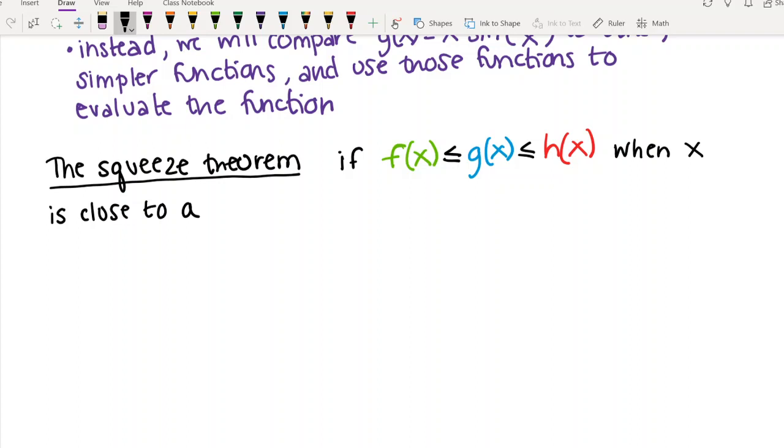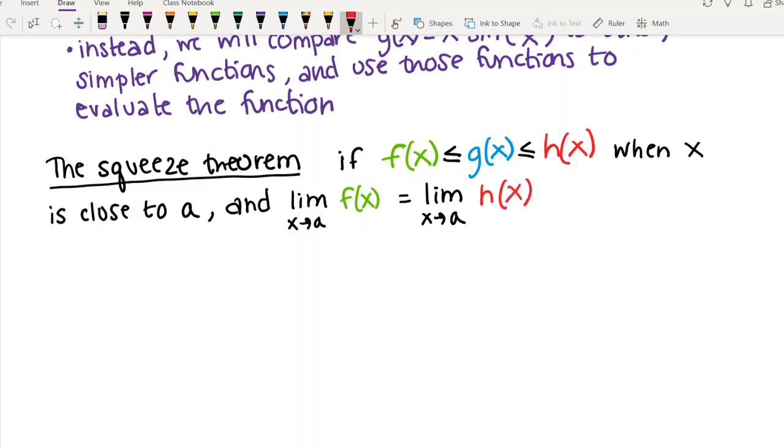So if you have this kind of situation, and additionally the limit as x approaches a of the bottom function f of x is equal to the limit as x approaches a of the top function, so they're both equal to some number L, well, that tells you that the function right in between them has to have that same limit.